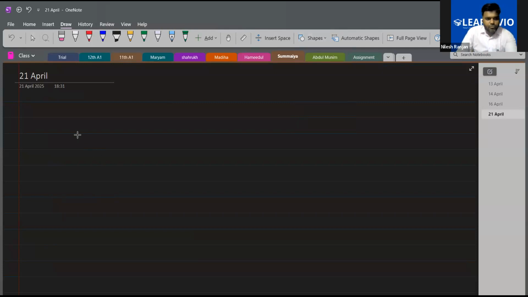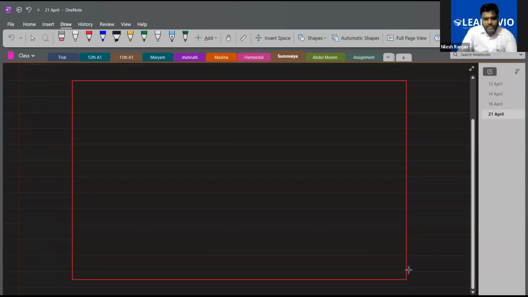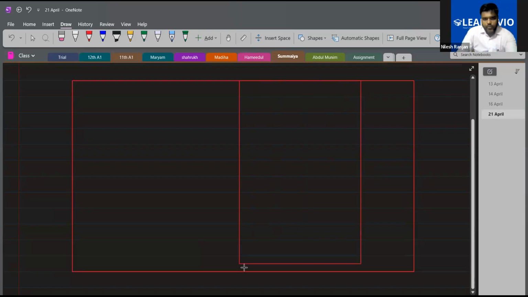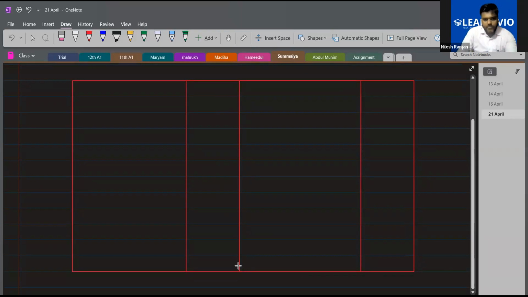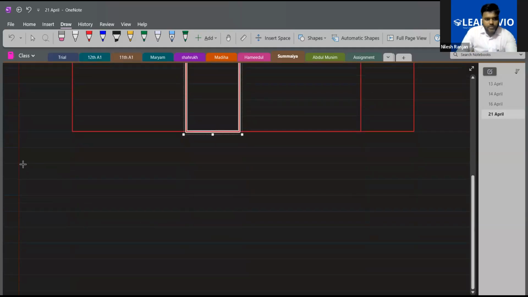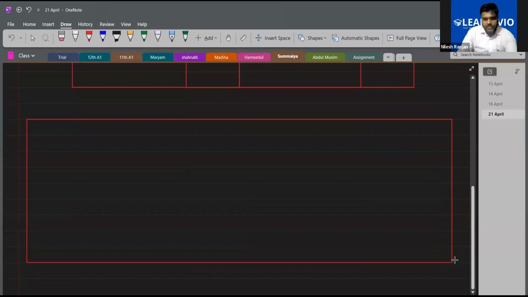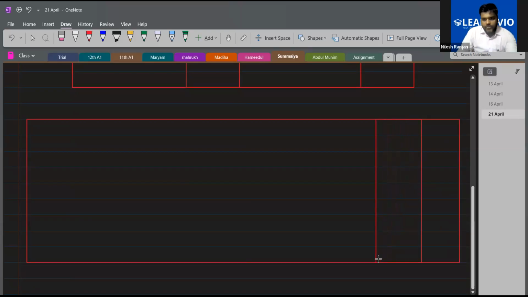There are three accounts we have to prepare. One is the profit and loss appropriation account. The second is partners capital account.